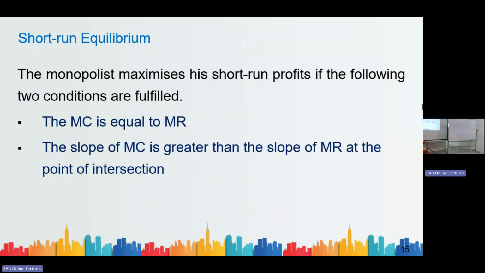Now it's about profit maximization. The monopolist maximizes his short-run profits under two conditions. These two conditions are also the same as we discussed in relation to perfect competition.